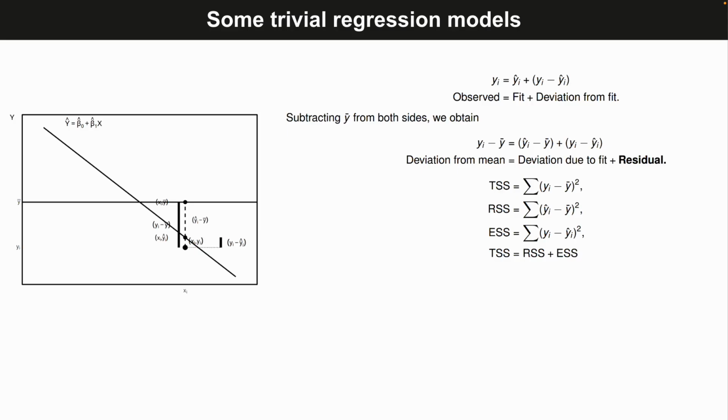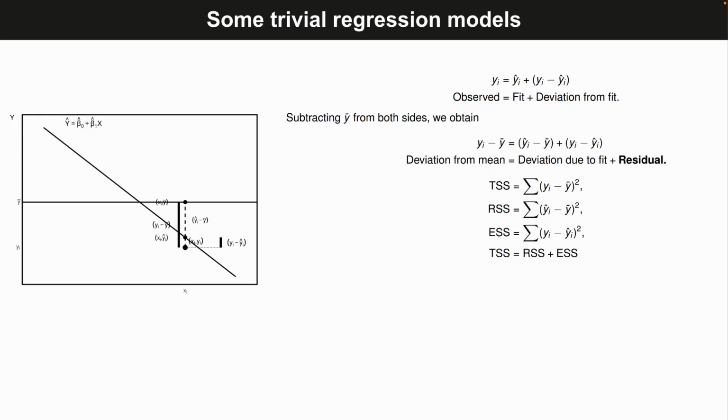Overall, how much spread you have in your data is quantified by how much each value differs from its mean, which can be written in the form of this quantity, which is often called, what is it called? It's called TSS, total sum of squares.